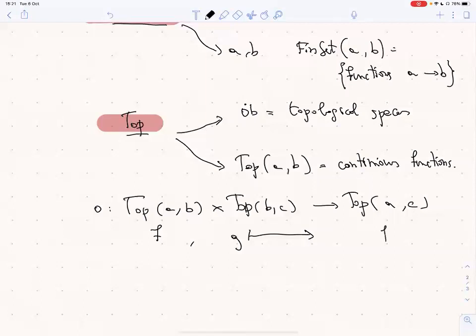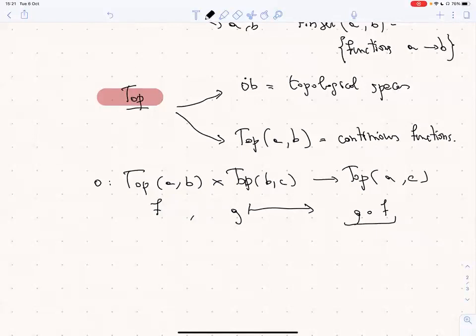So first you do f, and then you do g. Okay, of course, again, this is reverse notation. I think everyone is used to it. And you see, it's evident that this composition obeys the axioms I put before. So that's why I didn't comment too much on this example.